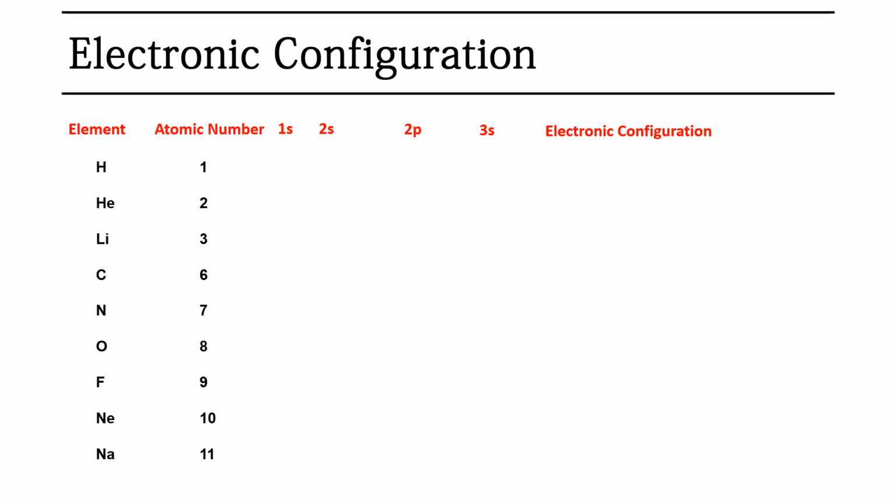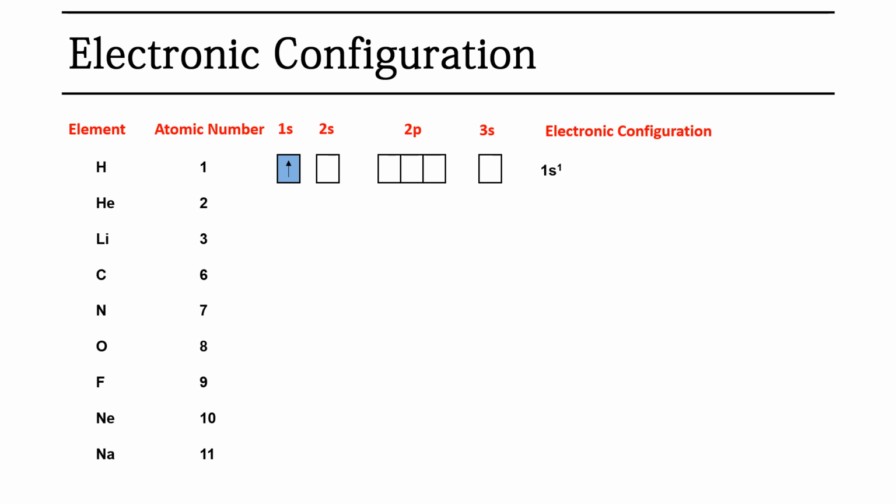Now let's consider a few simple atoms and how they fill their electrons according to the filling rules. Hydrogen has only one electron, so the electronic configuration is 1s1.